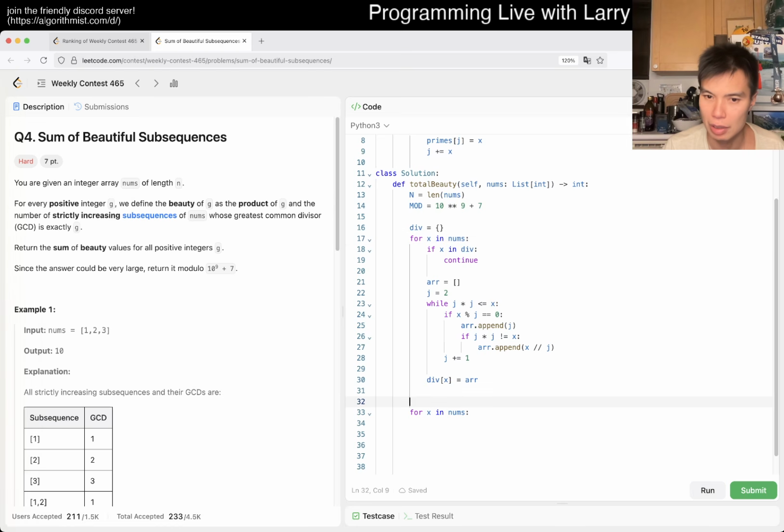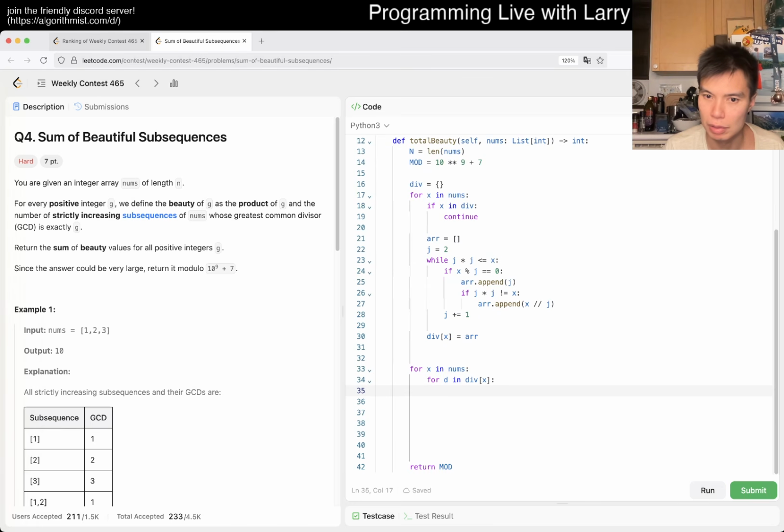Okay, so then now we want to say for D in X, lookup div of X. So for each number we want to just say P of D dot append X, right?